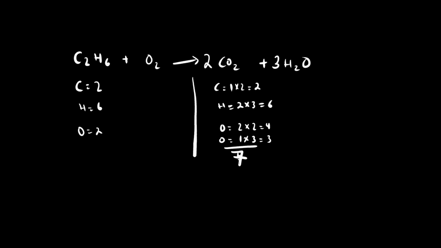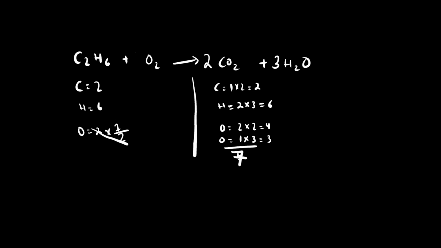So we've balanced the carbon and we've balanced the hydrogen. Now, as for the oxygen, for the sake of balancing the equation, we need to multiply the oxygen on the left-hand side by a fraction of 7 over 2. That way we can have 7 oxygen on each side.